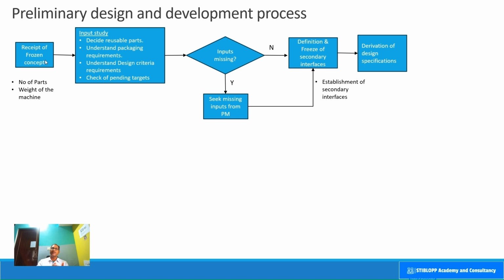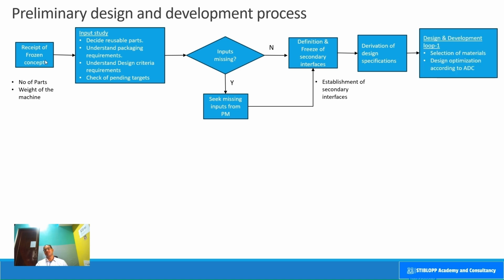The first step is definition of the product requirements. The second step is derivation of the functional requirements from those product requirements. The third step is derivation of the design specifications. We have come across all these things through our input study, the pre-study, the feasibility study, and the concept design. In this phase we will derive the design specifications, and I will show you what it is.